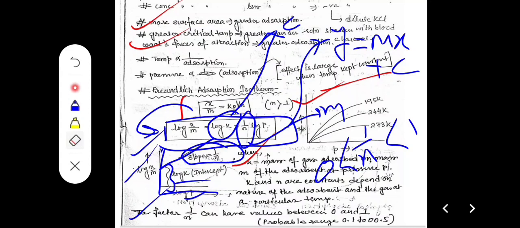So 1 by n has a value between 0 and 1. This comes in many exams as a short question or MCQ: the value range of 1 by n in the Freundlich isotherm. We have to know the equation x by m equal to k p to the power 1 by n, or we can directly memorize that the value of 1 by n ranges between 0 and 1.